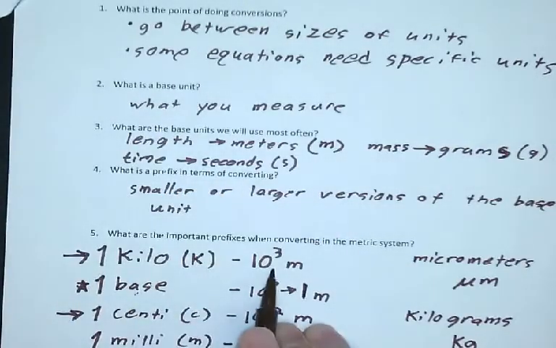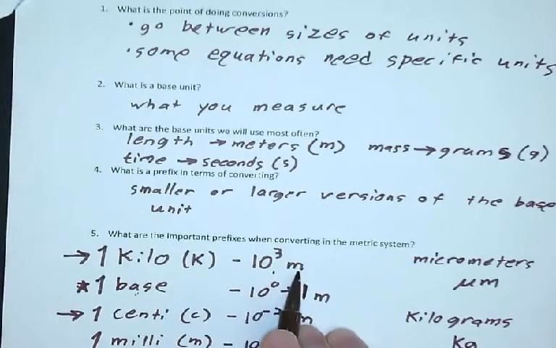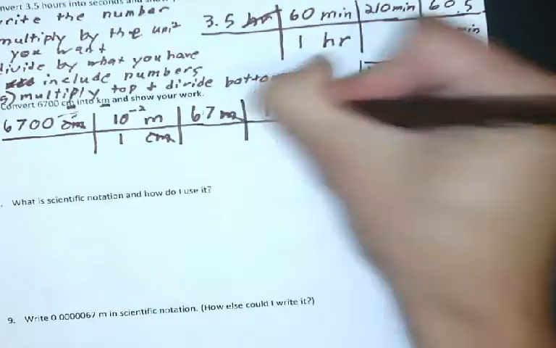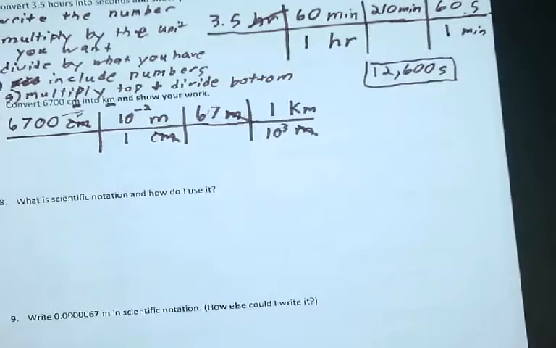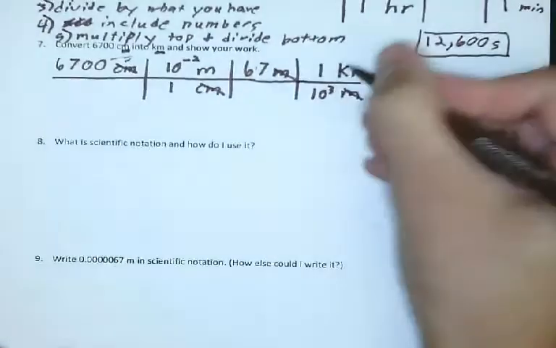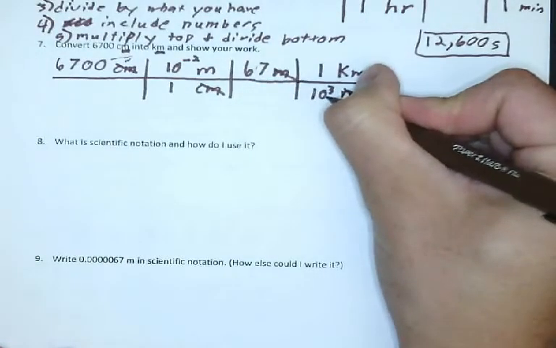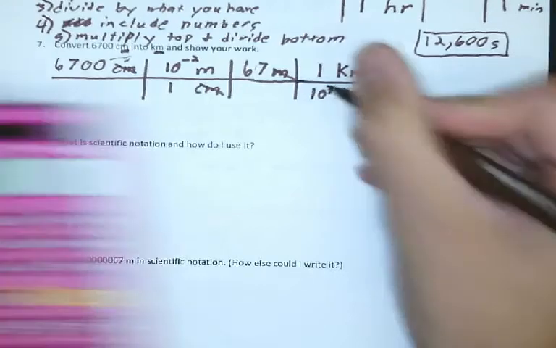1 kilo is 10 to the third base, which is meters for this problem. 1 kilo, 10 to the third. So 10 to the third is in the bottom, so I'm going to divide by 10 to the third.